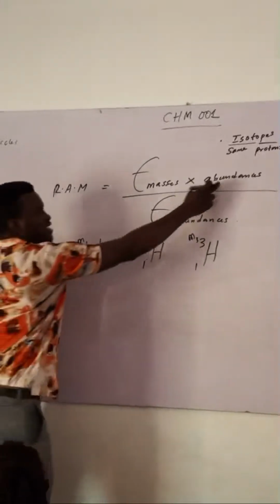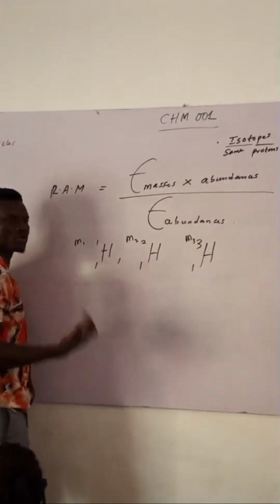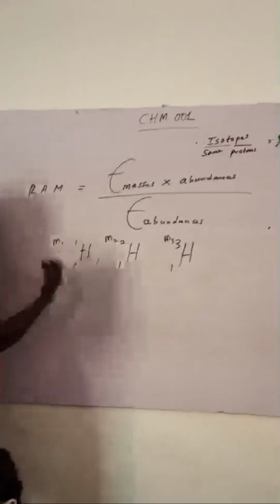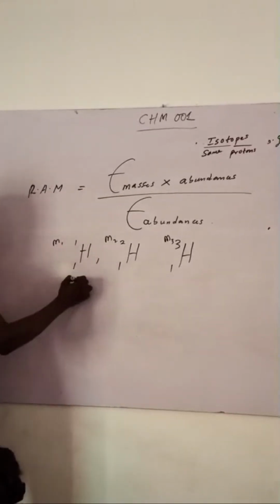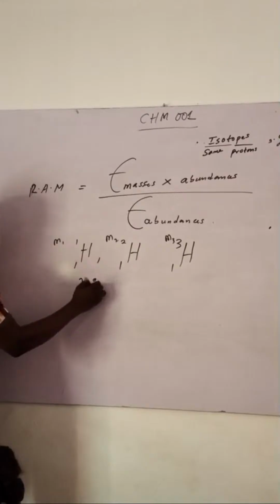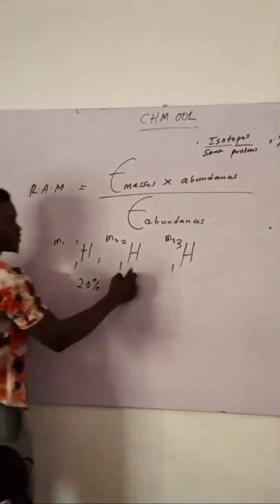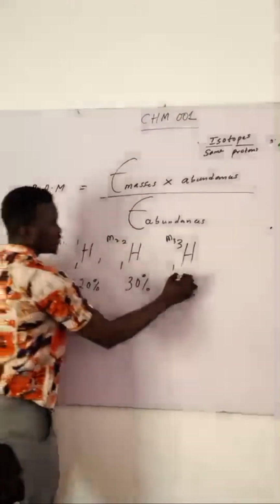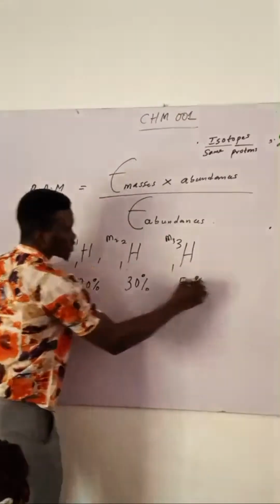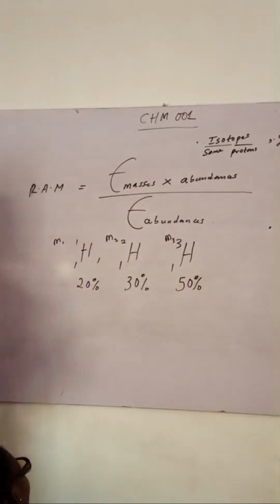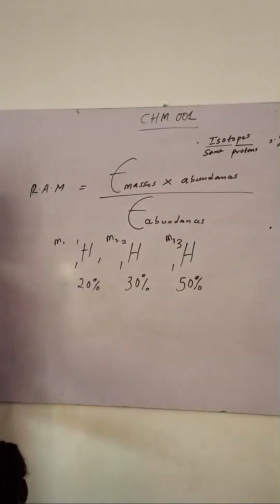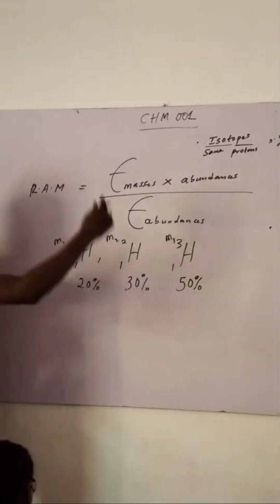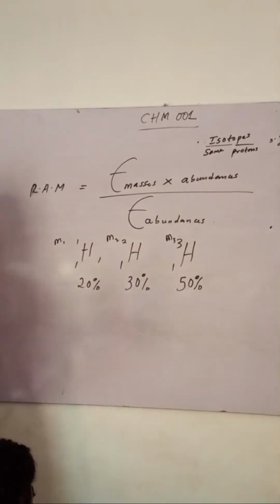The abundances mean how many of these I have. Let's say I have 20% of this one present and 30% of this one present. This should not be up to 50 because it's radioactive, but it's just a hypothetical example. All these are called the abundances, and they must sum up to 100.